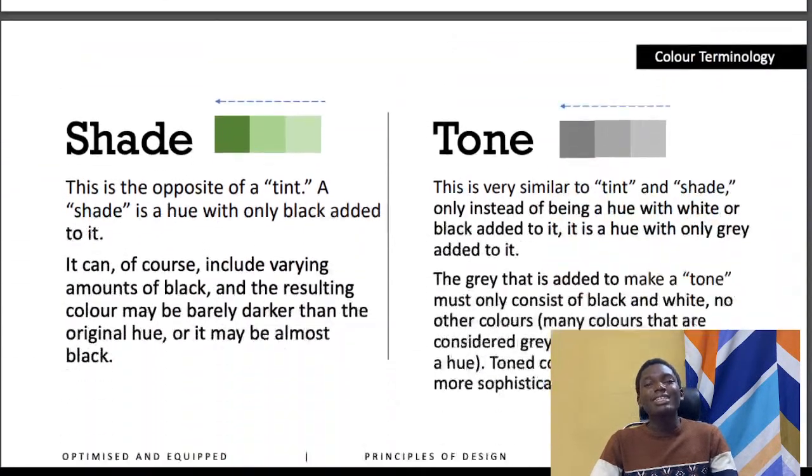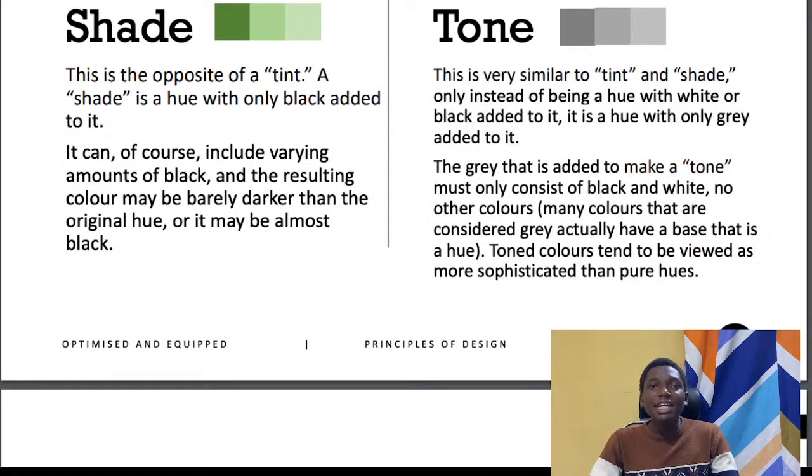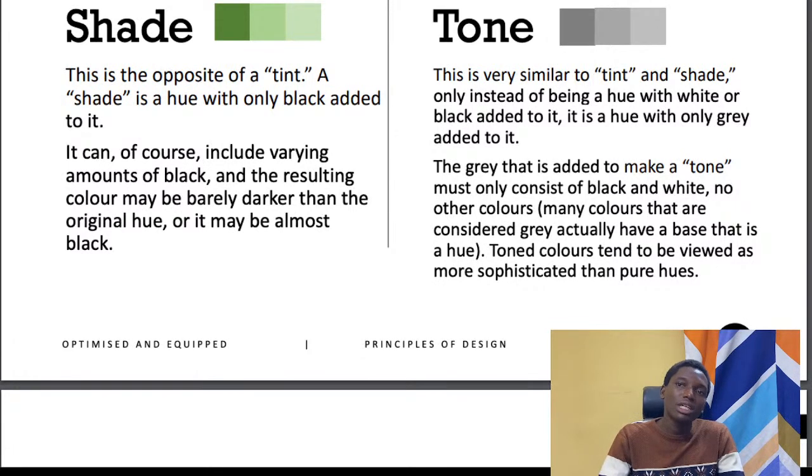Then we are also going to learn the shades. The shade is the opposite of the tint, because in a way the shade is going back from the lightest form of a color to the darkest form. So if we see the lightest form of green, we can determine how the darkest form of green will be, by adding the same colors together, or adding it with a dark color so as to bring out the darkest version of it.